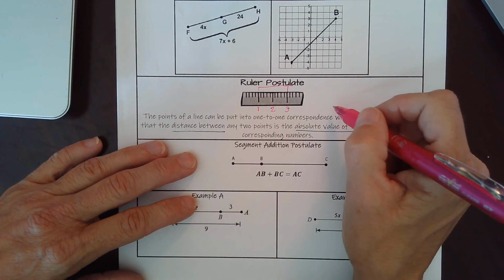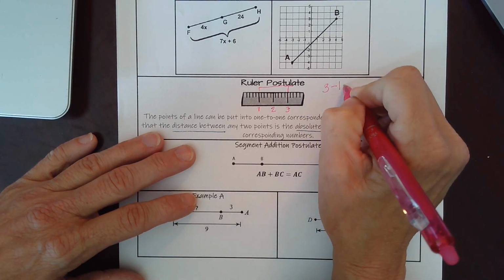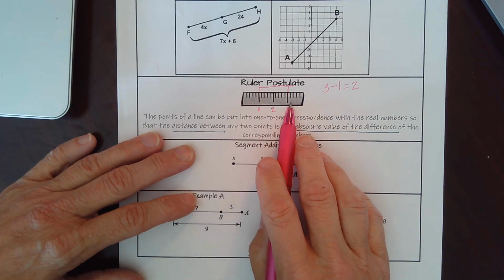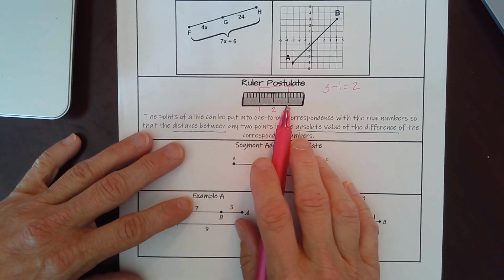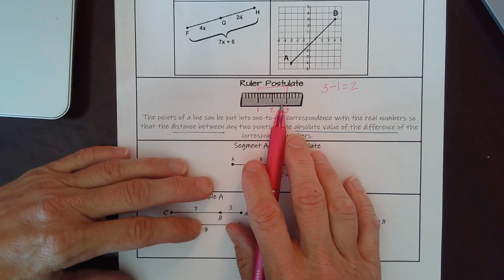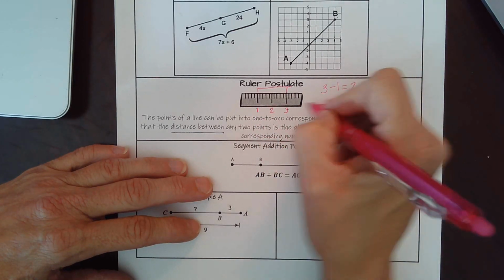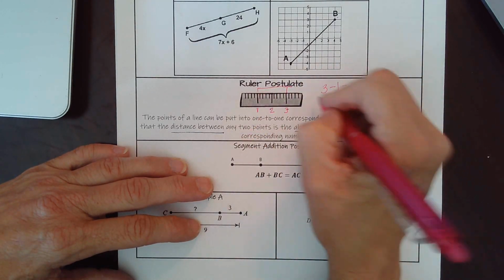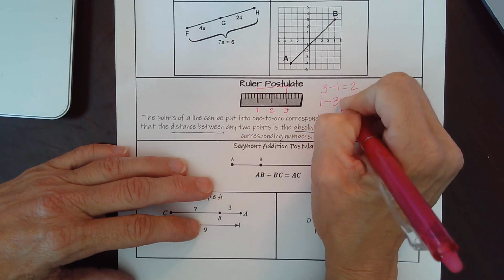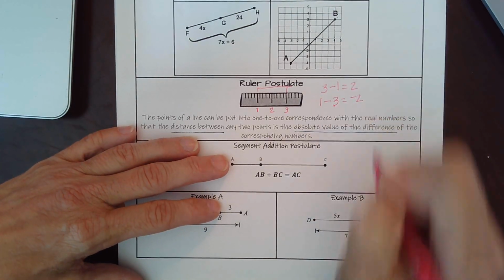We could look at it as take the 3 and subtract the 1, and we see that the length here is 2. And by the way, these would be inches. These are not drawn to scale by any means though. But also, we could say the difference is 1 minus 3. Well, 1 minus 3 gives us a negative 2.